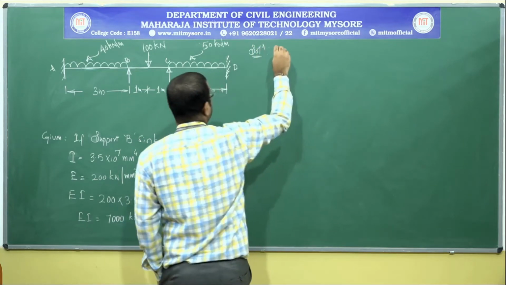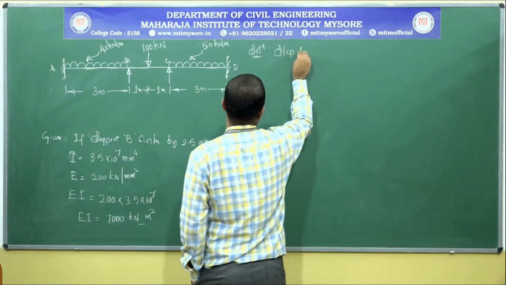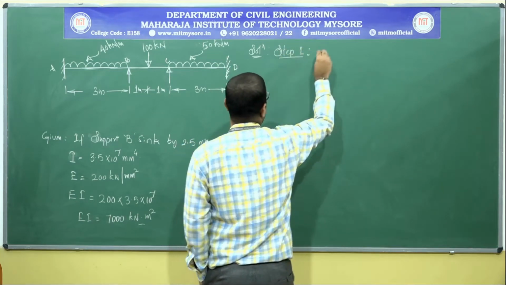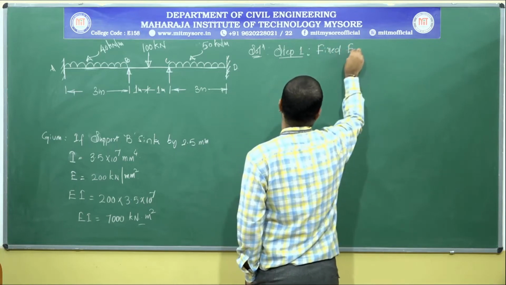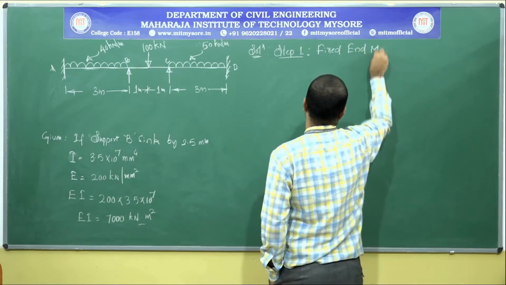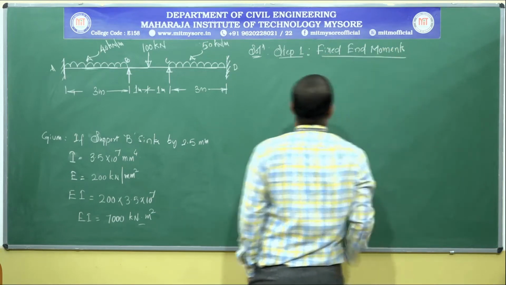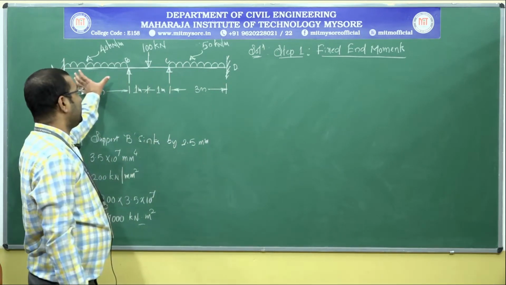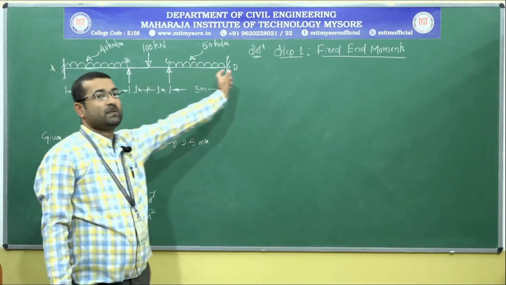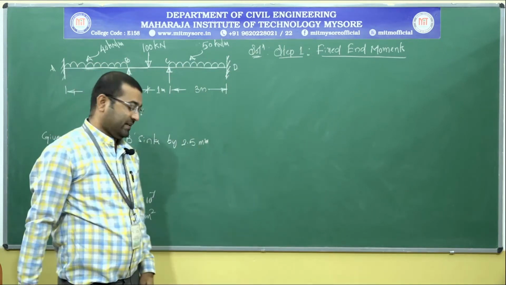As we have discussed in the last class, our first step, that is step 1, will always remain the estimation of fixed end moments. So we have to work out the fixed end moments for span AB, span BC and span CD, assuming both the ends are fixed.